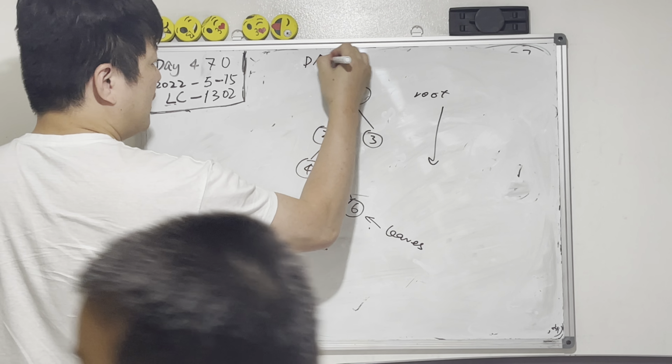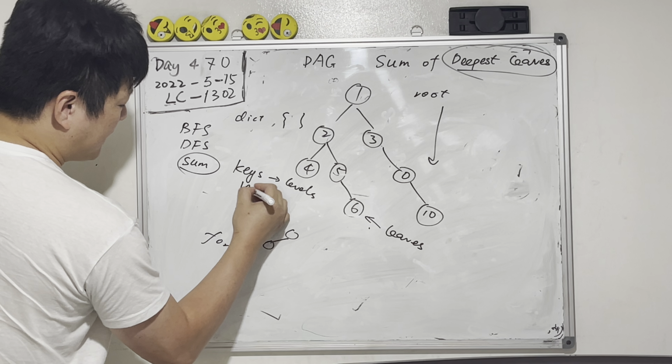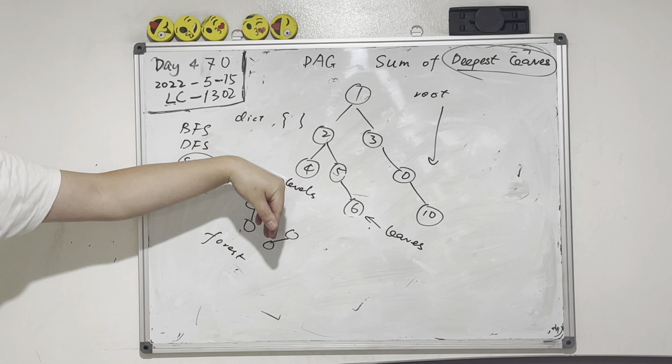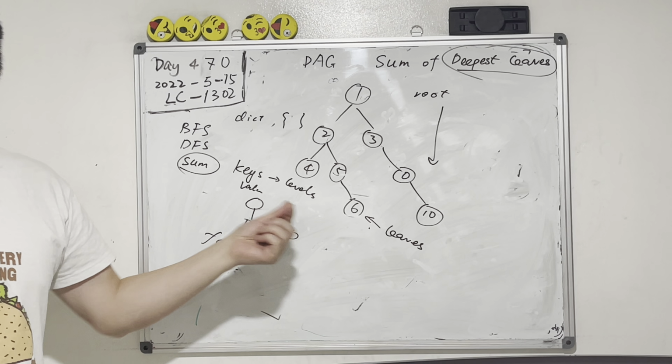Breadth search will traverse the tree level by level, and then we update the sum. To do this in depth search, we have a dictionary. The keys will be the levels, and the values will be the sums. We traverse with depth search, pass down the levels, and accumulate the sum for each level.